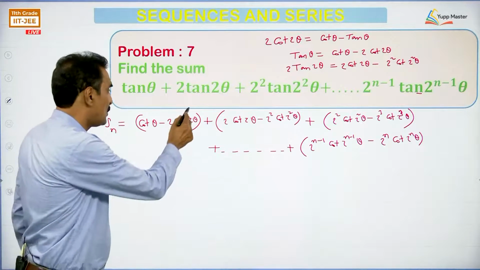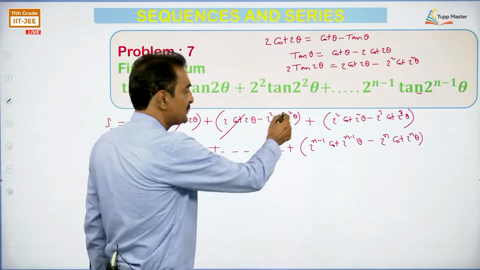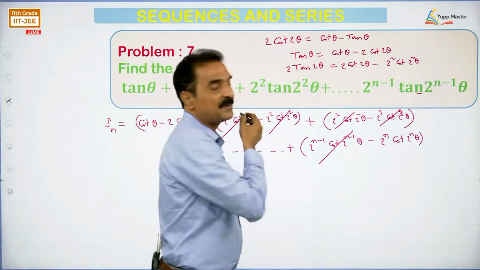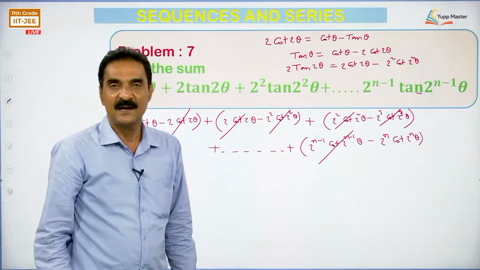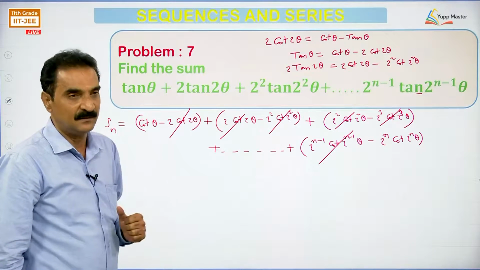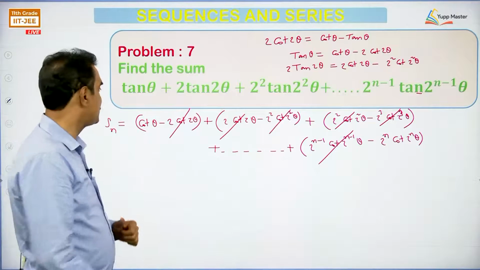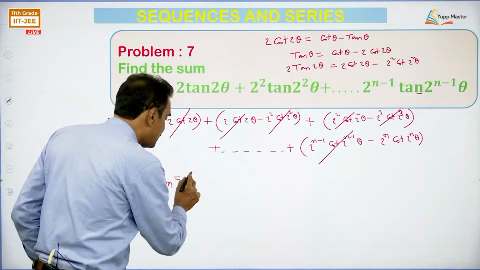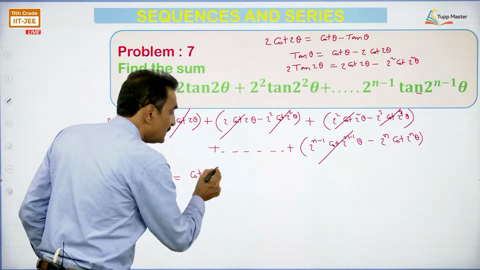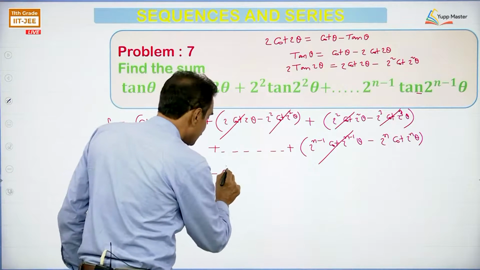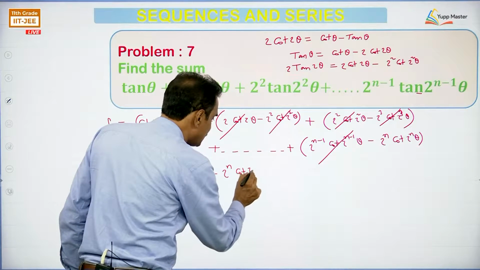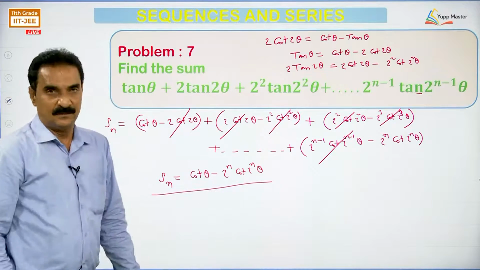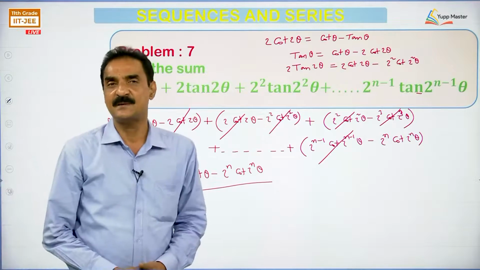Then 2 cot 2 theta cancels, 2 square cot 2 square theta cancels. Similarly, up to the first part of the last term, all are cancelled out. Then the sum of the series Sn is equal to cot theta minus 2 power n cot 2 power n theta. So, this is the sum of the series.